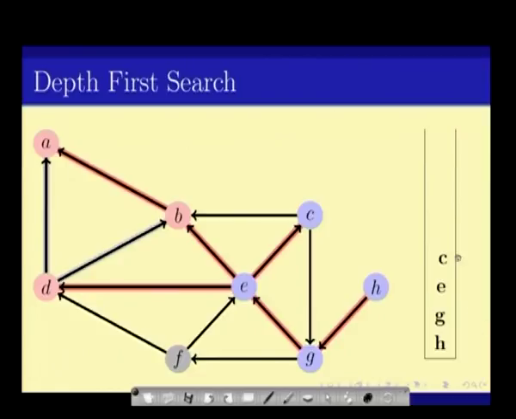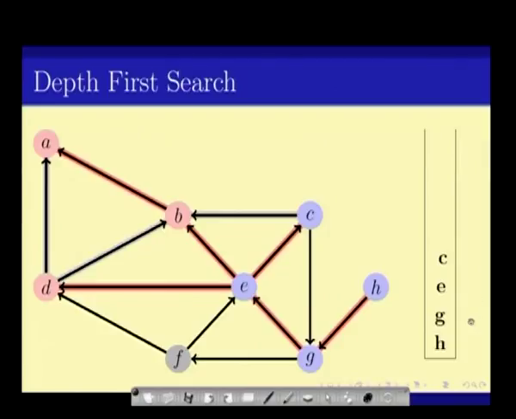At this point, the top of the stack is C, and we see that there are two edges going out of C. We look at one of them and we see B. Now, again B is red already, and so this edge to B should not be taken.